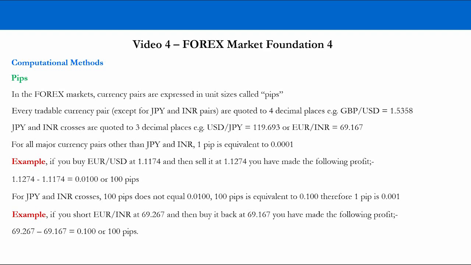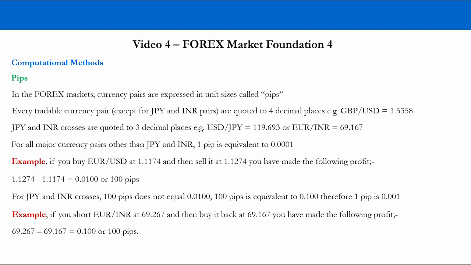So in the Forex markets, currency pairs are basically expressed in unit sizes, and those unit sizes are called pips, and every tradable currency pair is quoted to 4 decimal places in our tradable set, except for the Japanese yen and the Indian rupee. And the crosses that relate to those currencies are quoted to 3 decimal places.